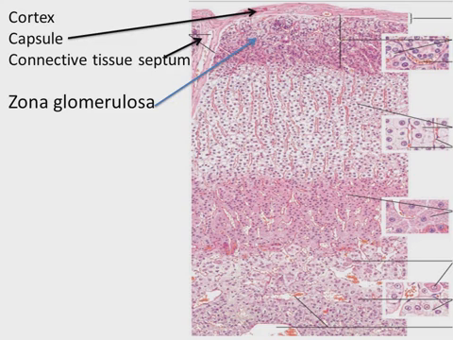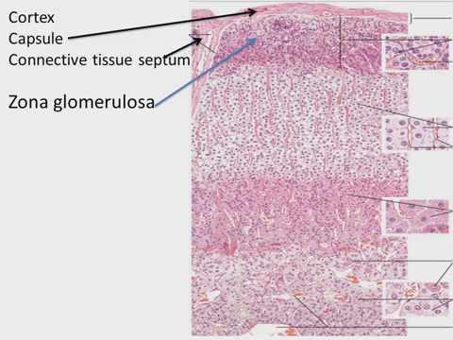That's the zona glomerulosa, which takes a pinkish stain because it contains few lipid droplets.